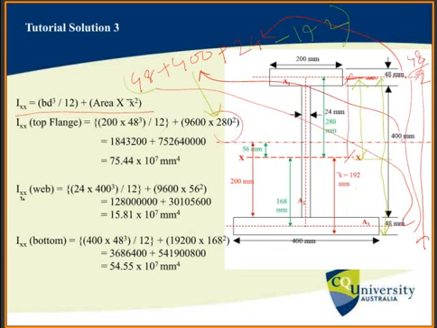That is Ixx for the web. In this case, B is 24, this one, and 400 will be D, divided by 12, and 9600 into 56 square. How do we come to 56? Just think again.